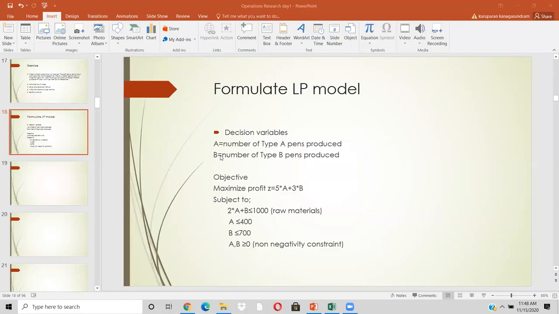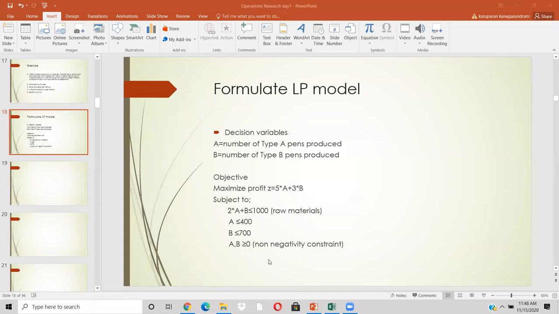You will ask for a positive number of pens, not negative. There will be no negative values for A and B. That's why we say non-negativity: A and B cannot take any negative values.